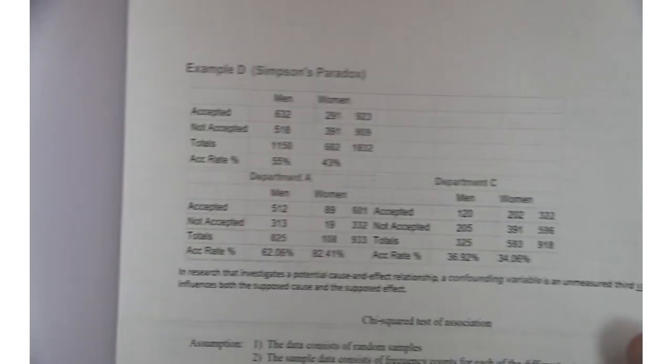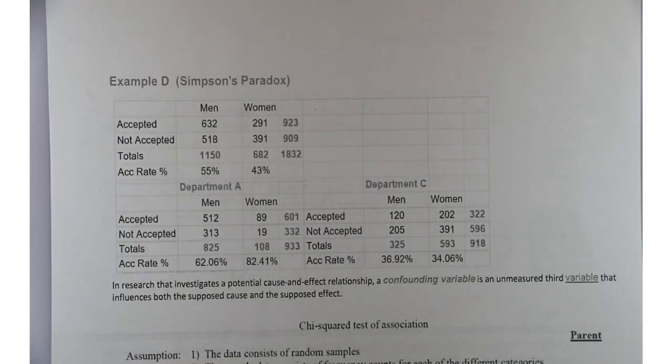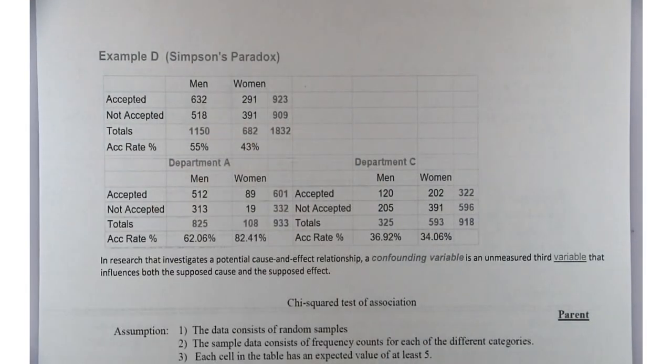All right, let's find example D here. No, that's the wrong one. Here we go. I think I've got this whole data set here. This is, again, a true story.